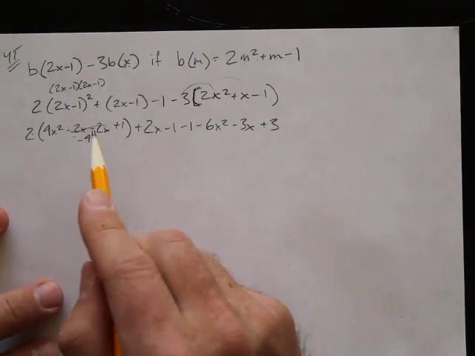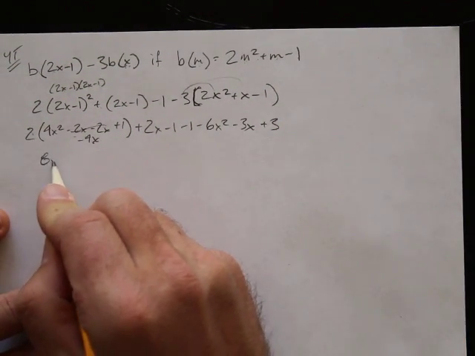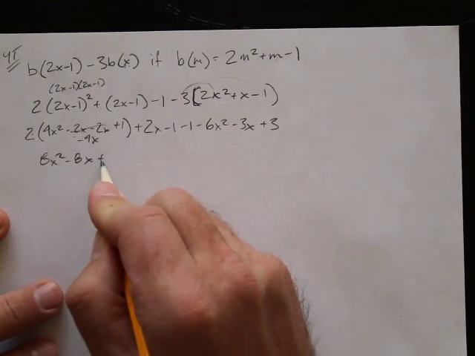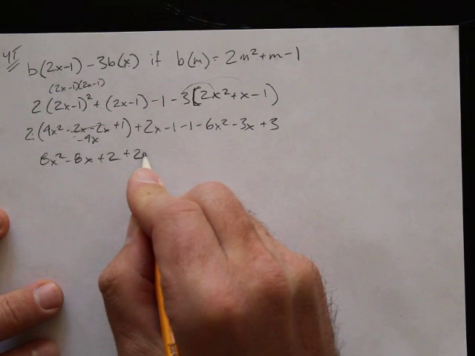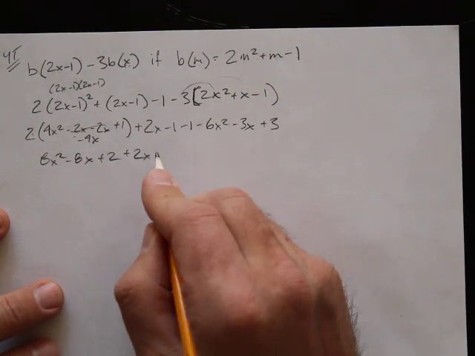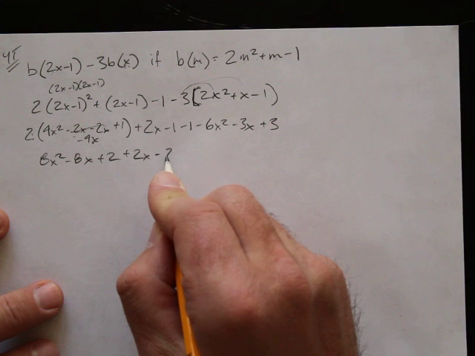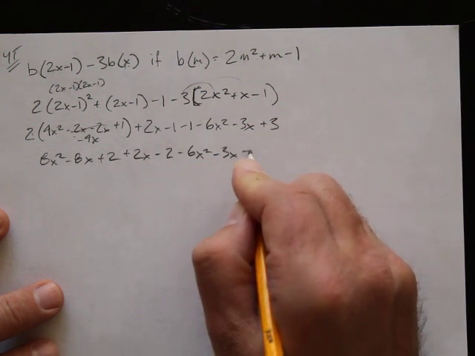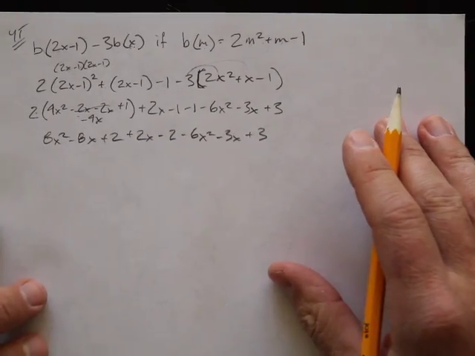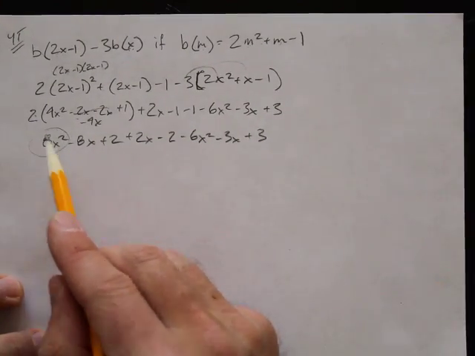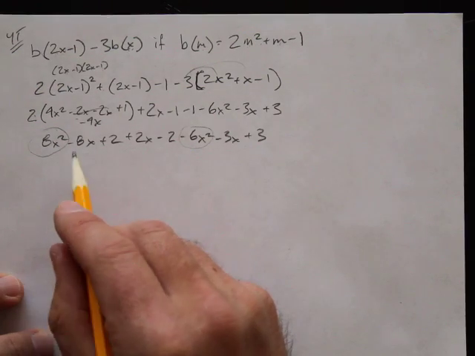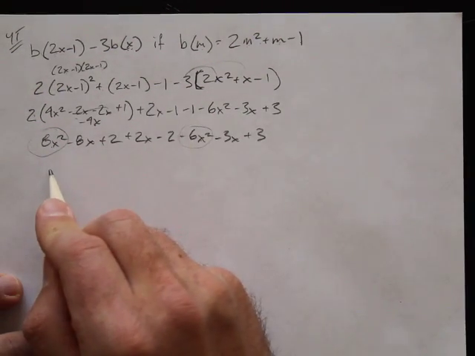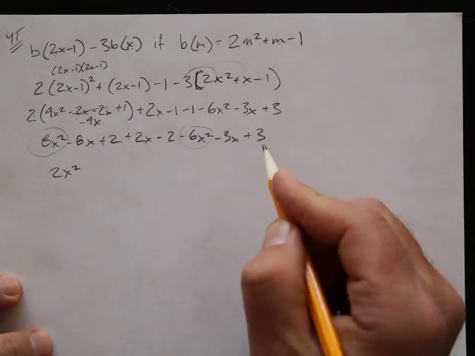Now I can distribute this 2 in there, and I've got 8x squared minus 8x plus 2 plus 2x minus 1 minus 1. I'm just going to go ahead and say that's minus 2. Minus 6x squared minus 3x plus 3. Okay, I've got an x squared here, I've got an x squared here, positive 8x squared, negative 6x squared, positive 2x squared.